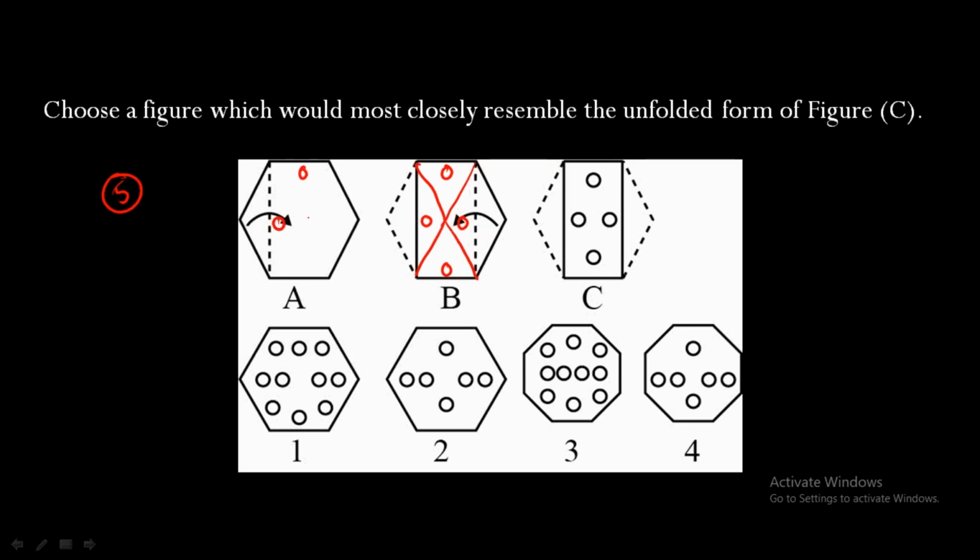This one, this one, this one, this one. When you unfold, this will come to this place, this will come to this place. This way, one if you open will come to this place, this one will come to this side. You just see that? When you unfold, you will get this. It's perfectly option 2.